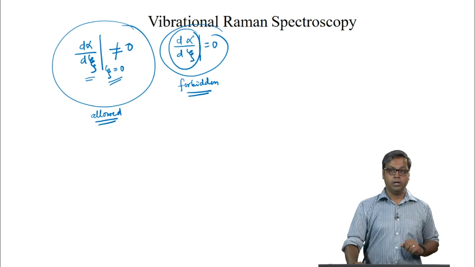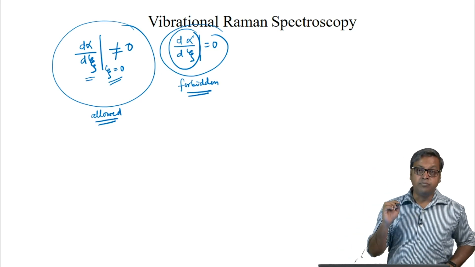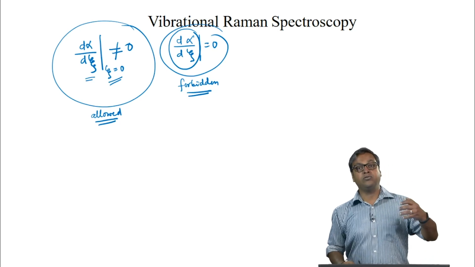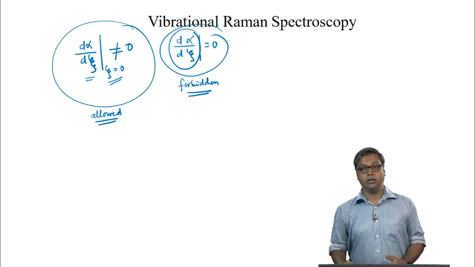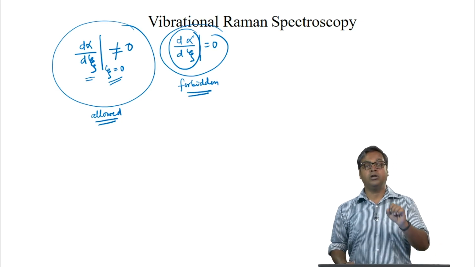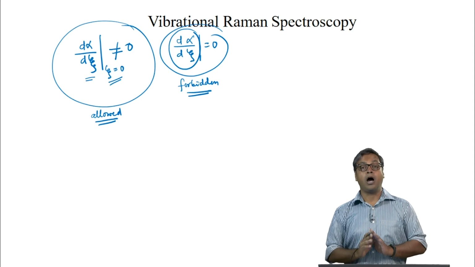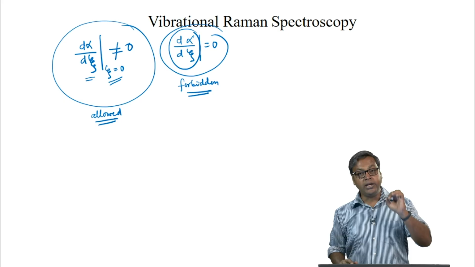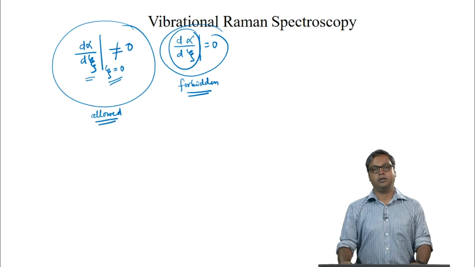For example, symmetric vibrations give rise to intense Raman lines. On the other hand, the non-symmetric ones are usually weak and sometimes unobservable. In particular, a bending motion generally yields a very weak Raman line.